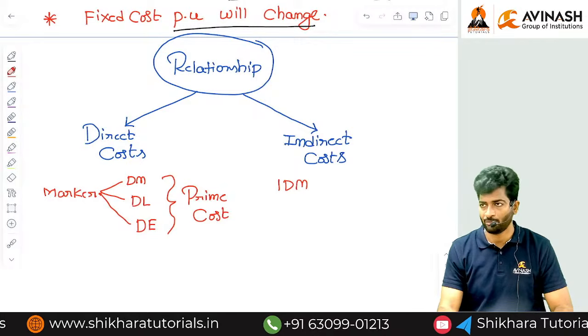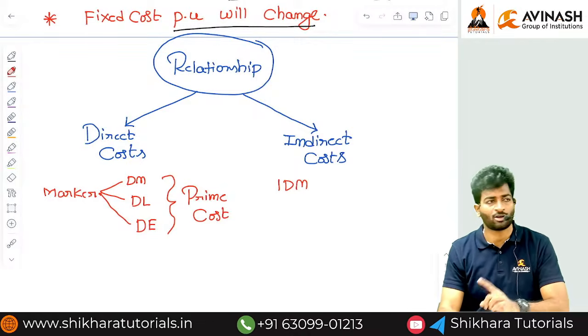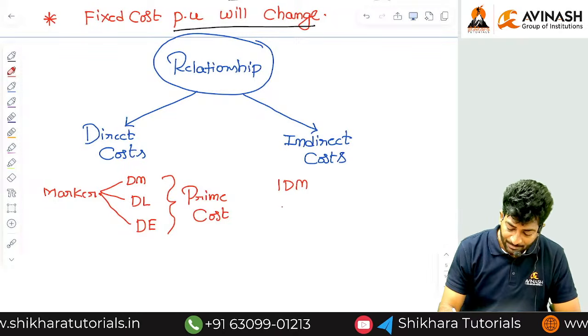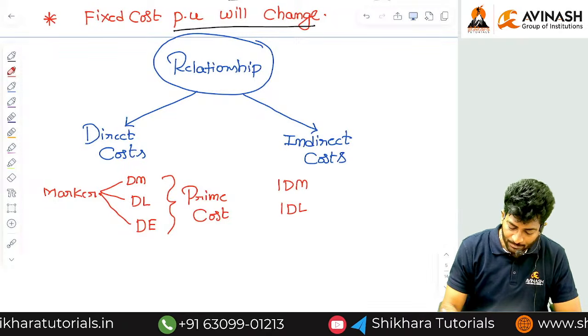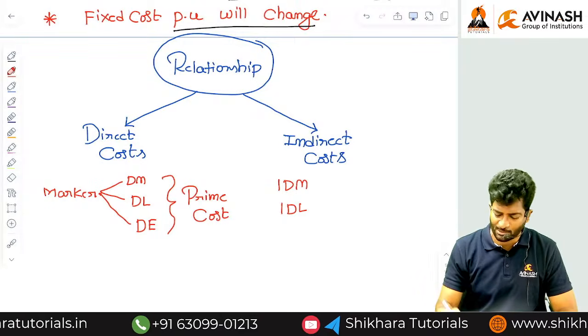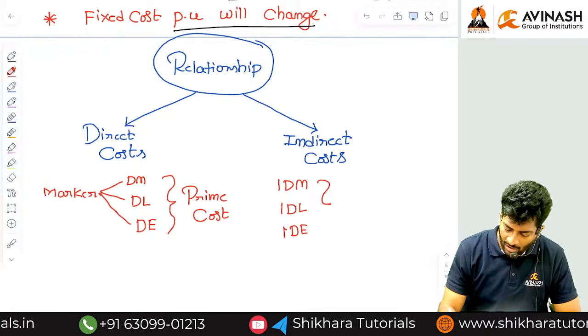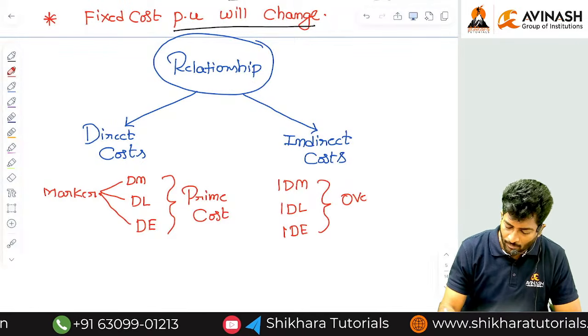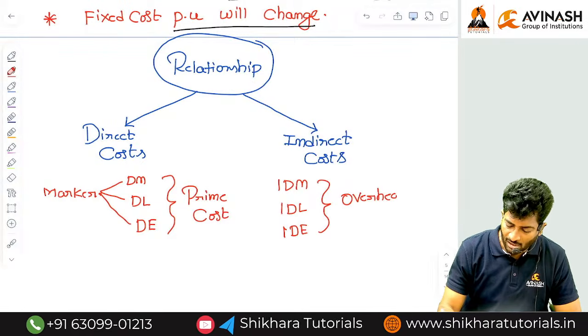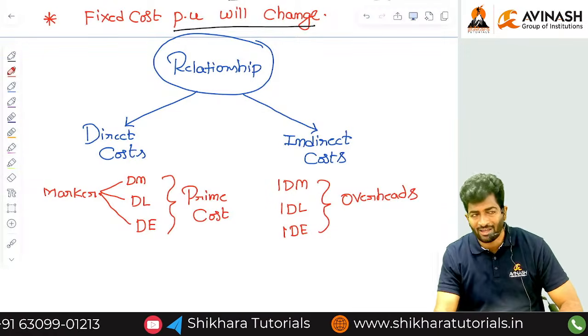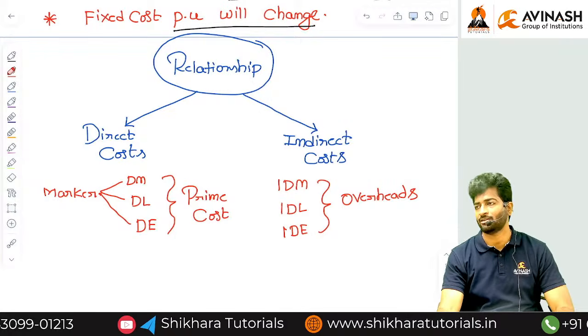We are paying wages, but those wages are not related to production. Clear? So those wages come under indirect labor. And again, all other expenses, indirect expenses. Now all indirects are known as, how to answer, overheads. Is it clear? So all directs are prime cost, all indirects are overheads.